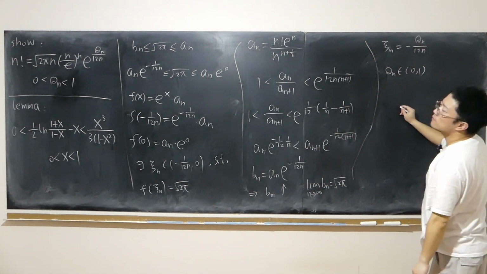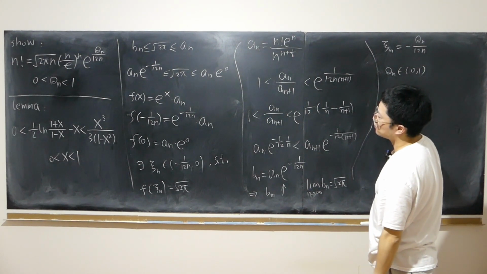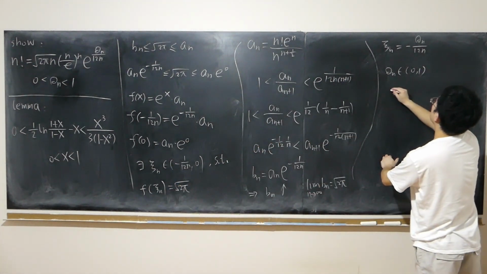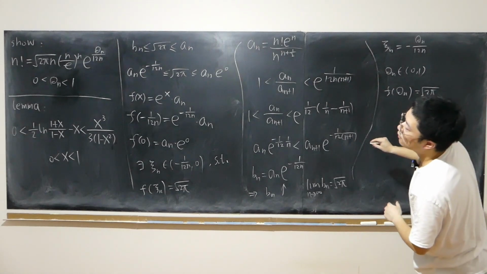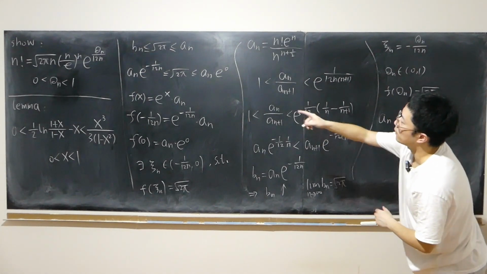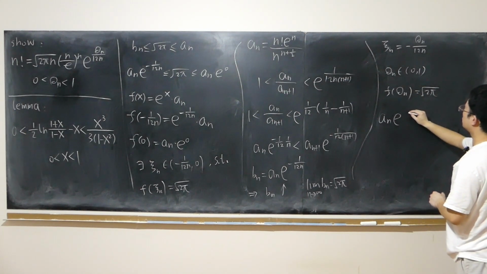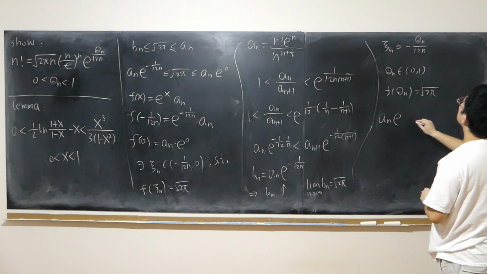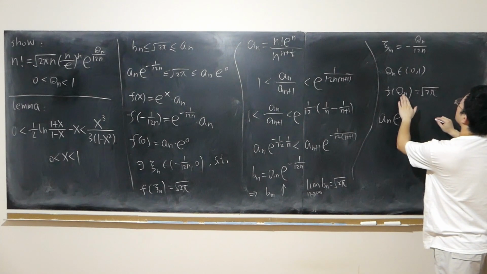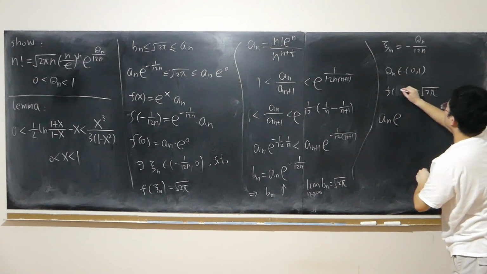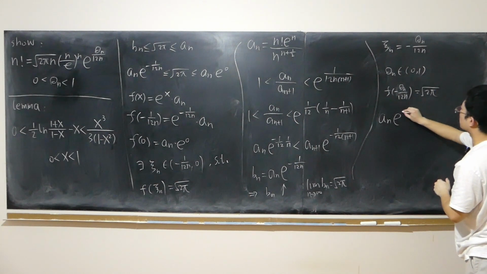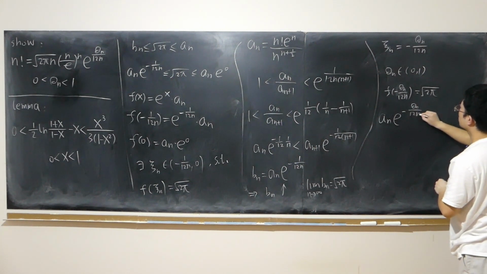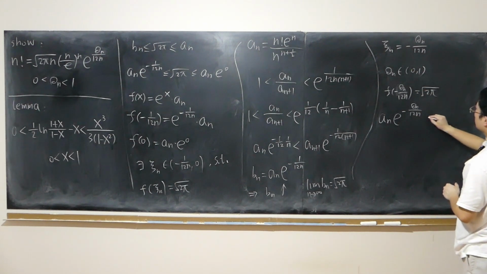That means f of Cn is equal to the square root of 2 pi, which means an times e to the power of negative theta n over 12n is equal to the square root of 2 pi.